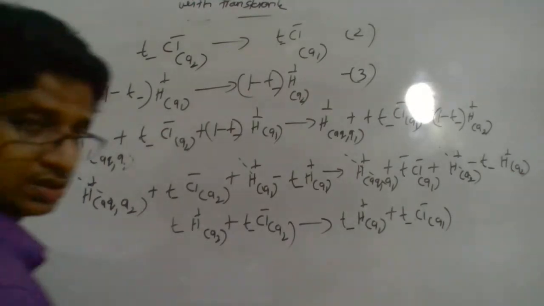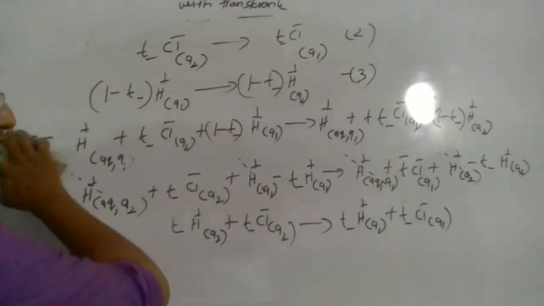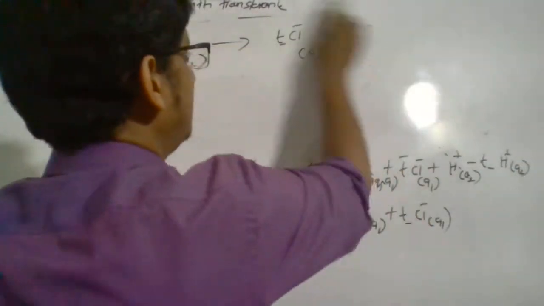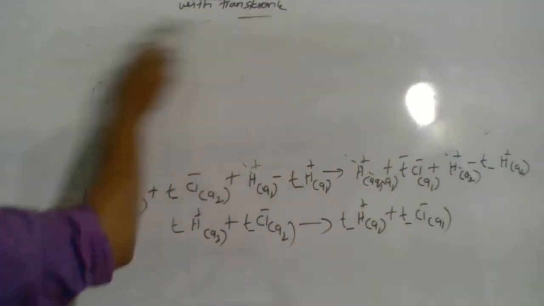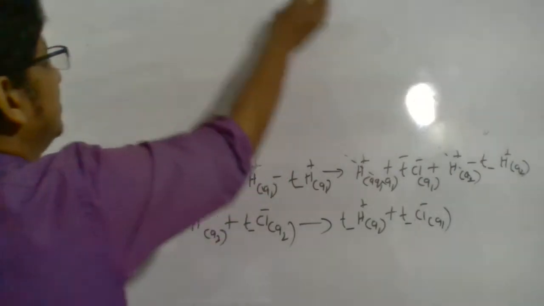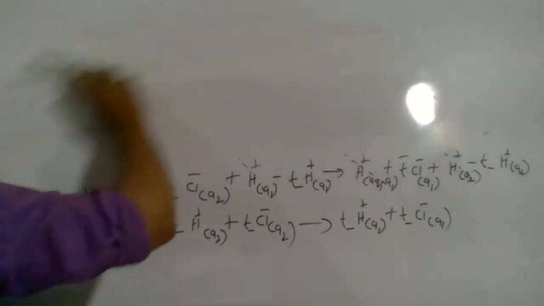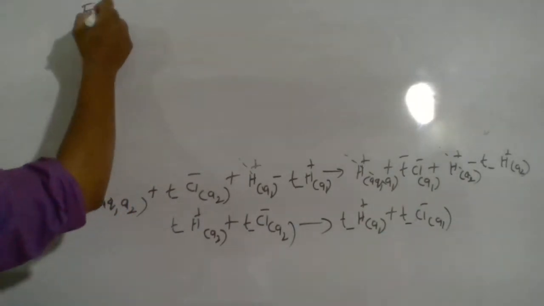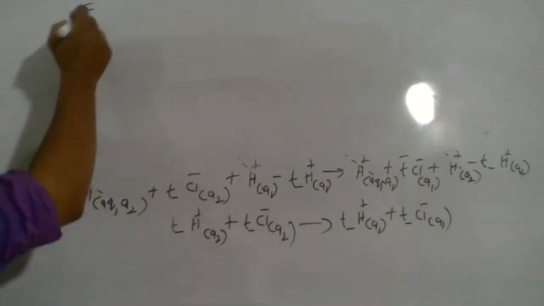Now let us write the EMF of the cell. We got the overall reaction including the transport number, everything. So let's write the EMF of the cell.